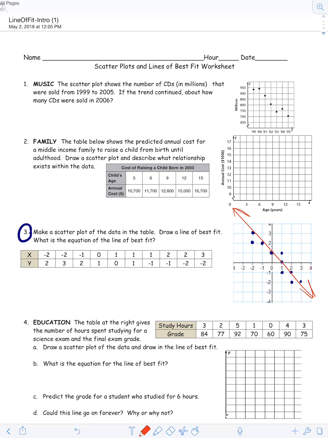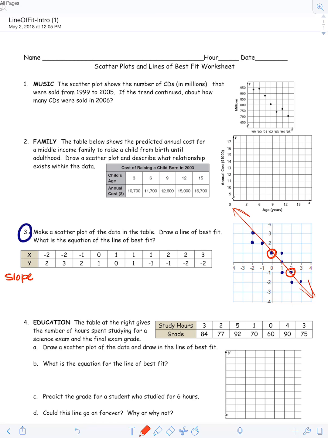So we started talking about you have to find your slope. So I want to find 2 points that are on or near my line. So I'm looking at my (0, 1) and maybe my (2, -1).